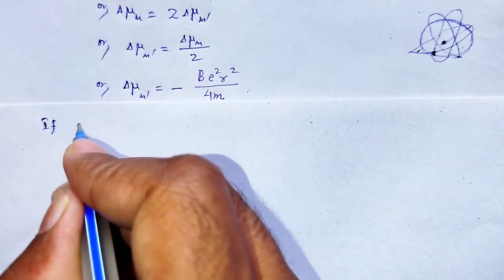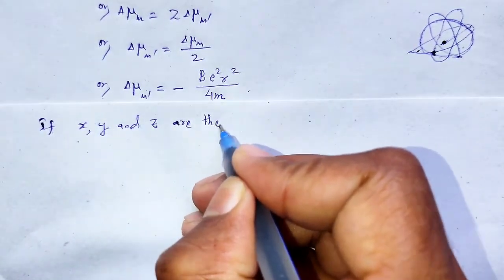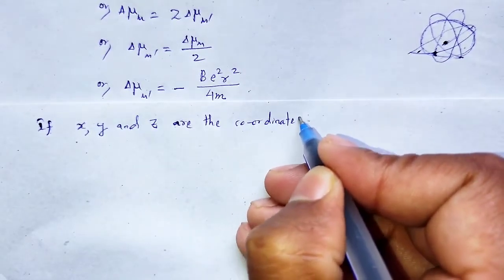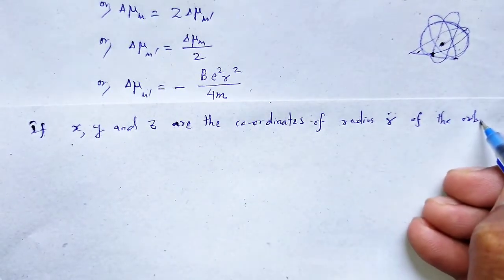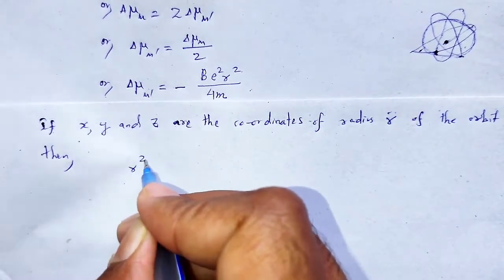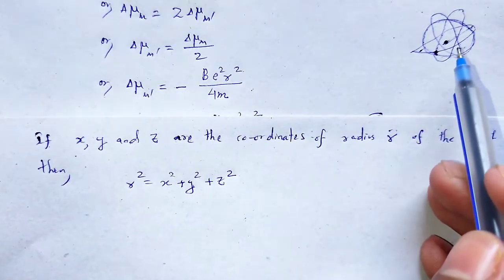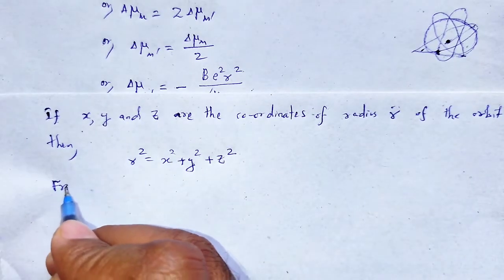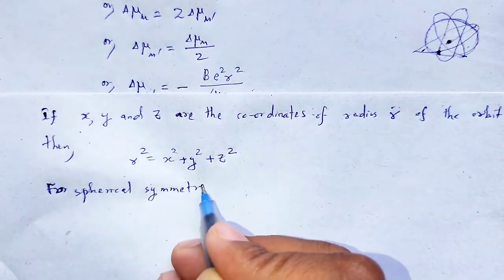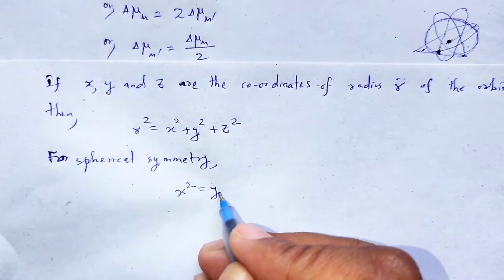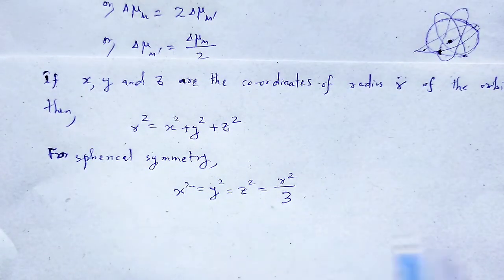If x, y and z are the coordinates of radius r of the orbit, then r square is equal to x square plus y square plus z square. For spherical symmetry, x square is equal to y square is equal to z square, that is r square divided by 3.